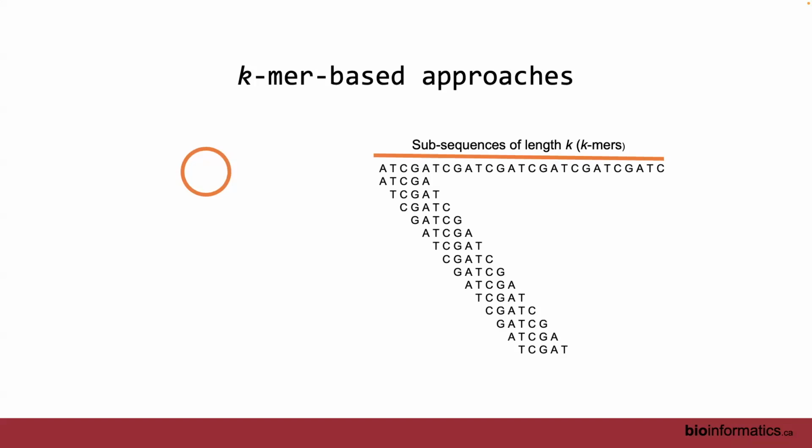Depending on the algorithms, you can usually change that K-mer length. You can imagine a short K-mer is usually faster, but not as sensitive as a longer K-mer, but you may miss something. Now, this doesn't look like a great way to speed things up. You take one sequence and break it into a whole bunch of short sequences.